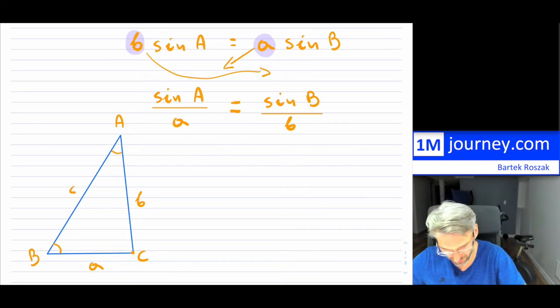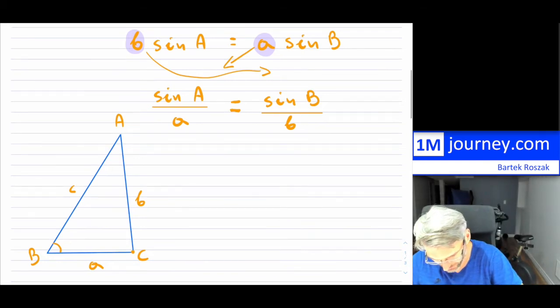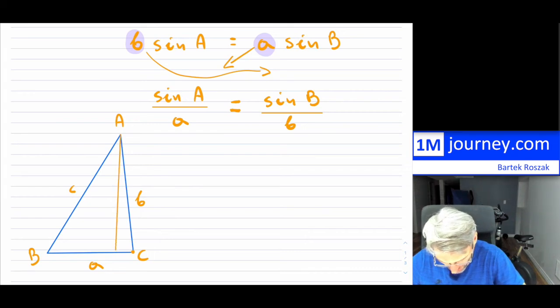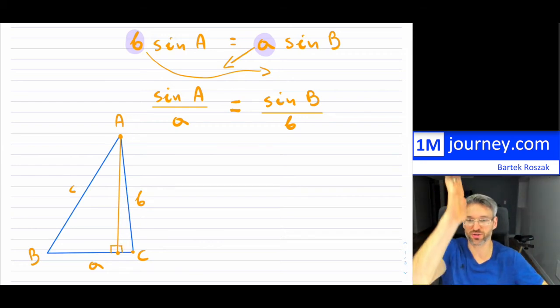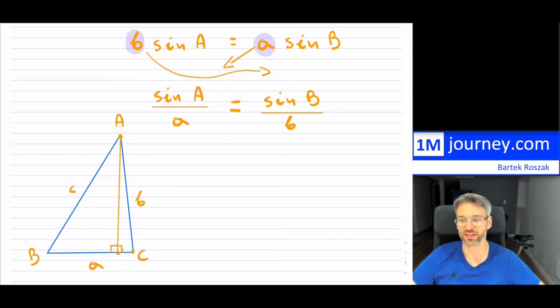Now, what I want to show you here is our height of this triangle. It's going to go from here to here, and this is 90 degrees. I just dropped a perpendicular line to the BC that I have in there.